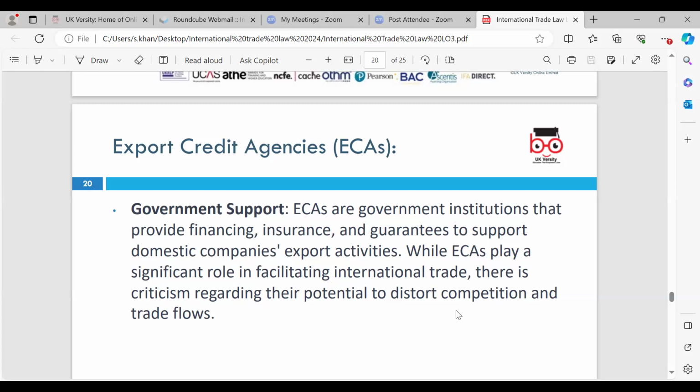While ECAs play a significant role in facilitating international trade, there is criticism regarding their potential to distort competition and trade flows. ECAs can be government agencies, private lenders, or semi-government bodies. The OECD maintains a list of the global ECAs.